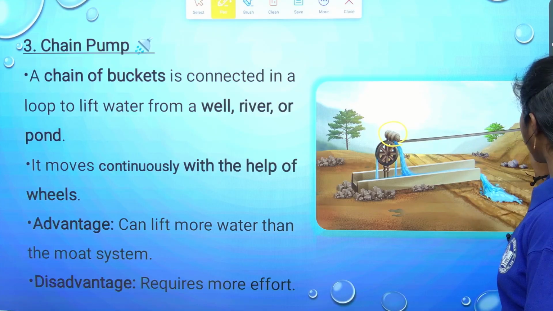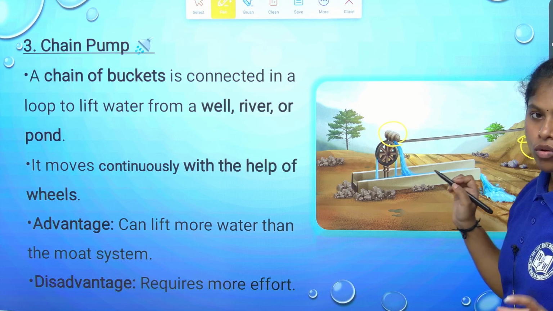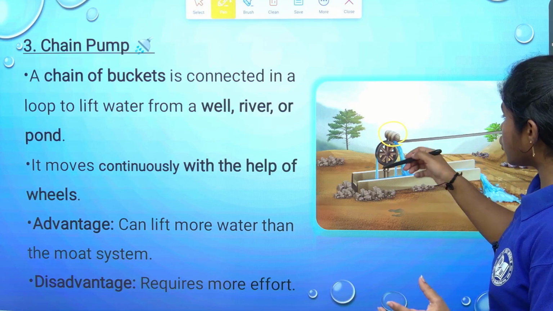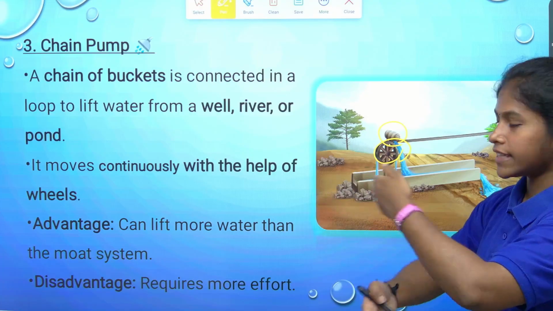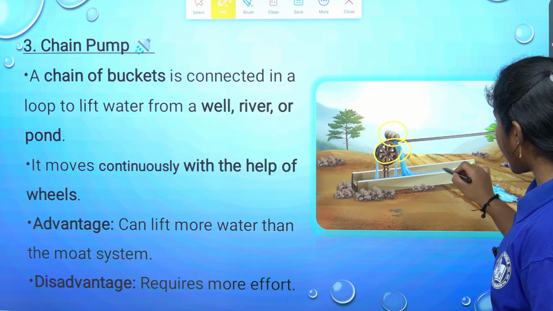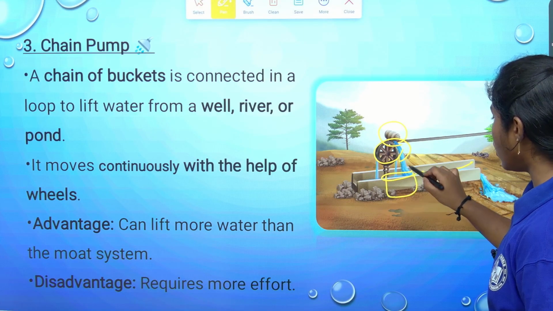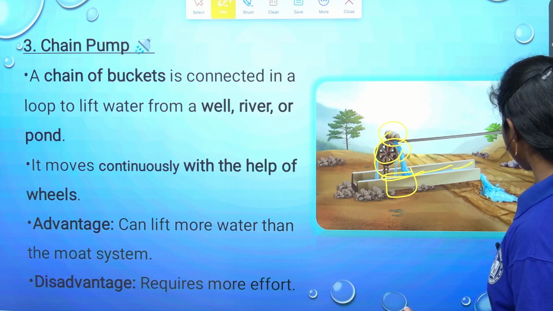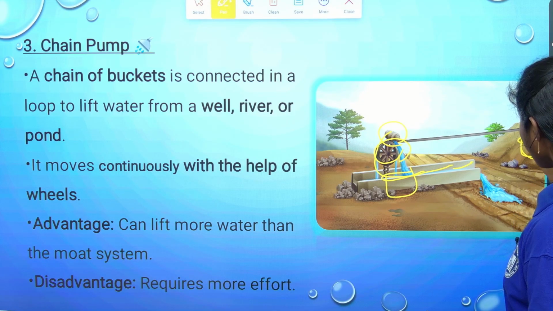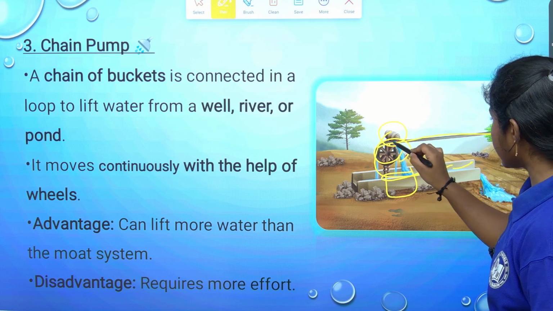Another bucket will be there. When the chain is pulled like this, one bucket carries water from the canal and pours it here. It comes like this.